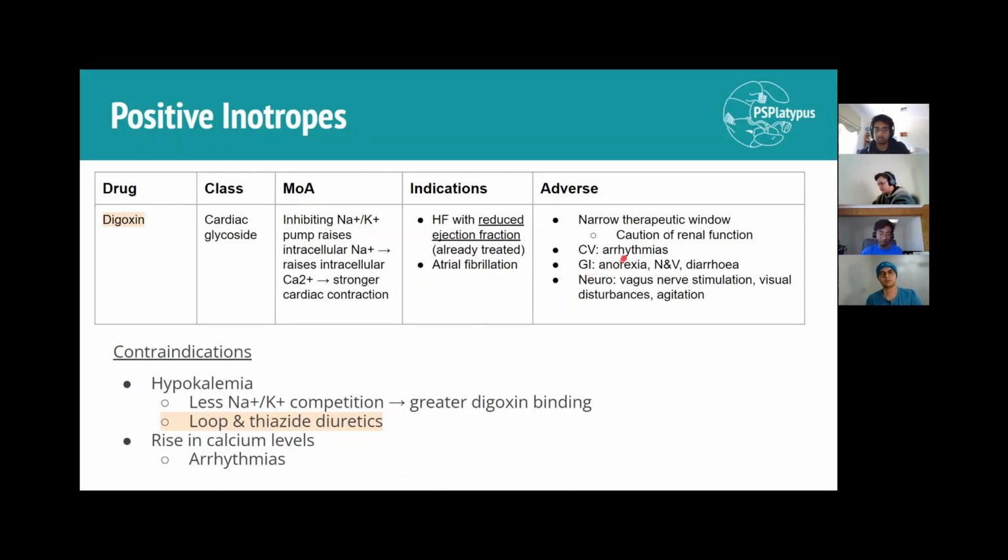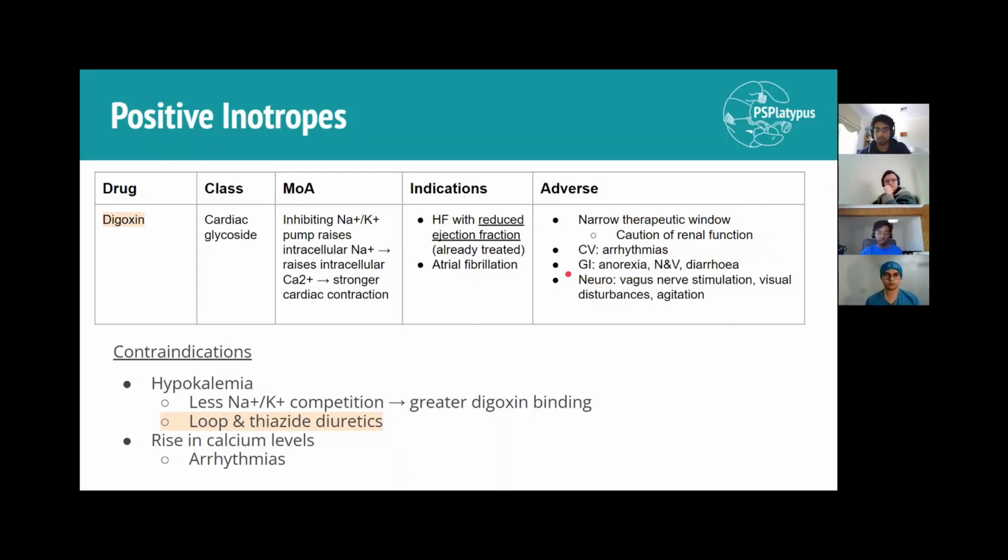However, it can also cause arrhythmias. So it has quite a toxic side effect profile. And there's a narrow therapeutic window as well, which is the gap between toxicity and inefficacy. So you've got to be careful of renal function because it's renally excreted. You have to make sure that it actually works and that they don't get messed up because of it.